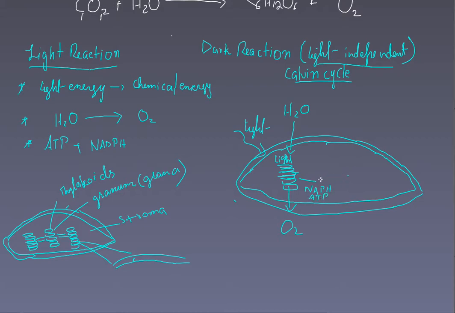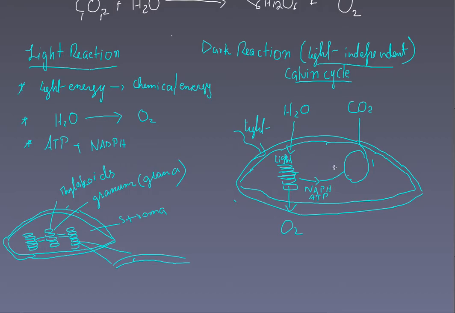And then in the stroma, these NADPH and ATP have the energy to carry the process of photosynthesis on. So these two help the Calvin cycle, or the light independent reaction. In the Calvin cycle, carbon dioxide enters, and these two molecules help this process to reduce carbon. You can imagine that this energy stored molecule, NADPH, has hydrogen with it.